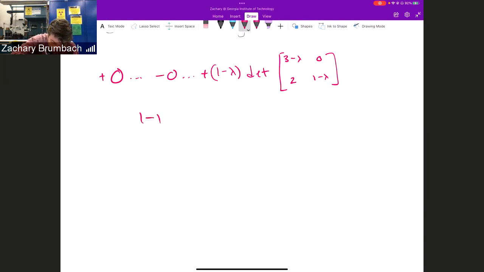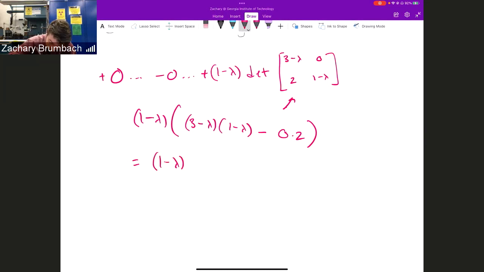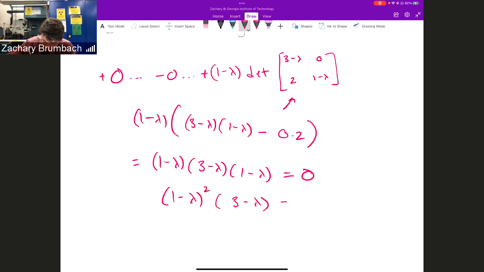So now we have 1 minus lambda, and the determinant of this matrix is (3 minus lambda)(1 minus lambda) minus 0 times 2, okay, which is (1 minus lambda)(3 minus lambda)(1 minus lambda) equals 0. And I'll simplify this to say (1 minus lambda) squared times (3 minus lambda).